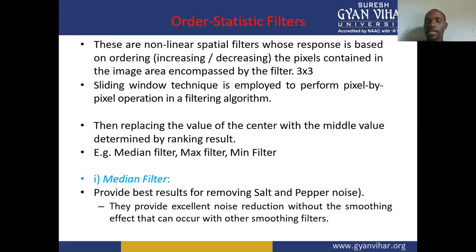How do they affect an image? They affect it based on order. They are applied to an image, and they can increase or decrease the pixel values of an image that are surrounded within a given region. This region is known as a neighborhood or a mask.